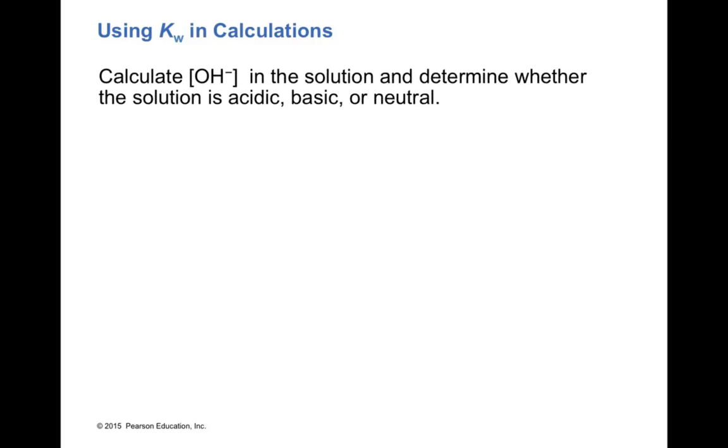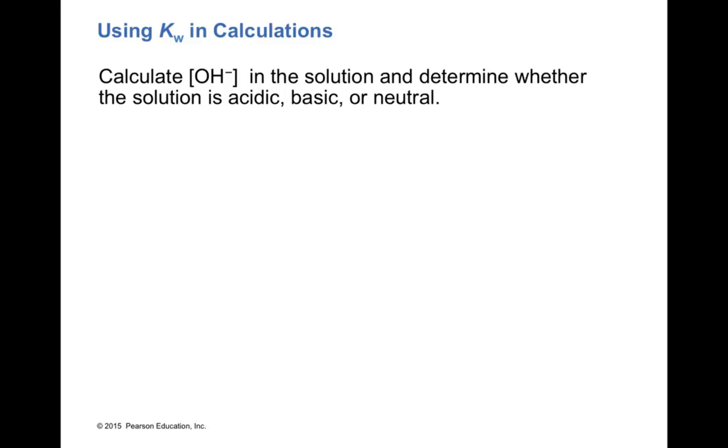So let's do some examples by using the Kw in calculation. The question is, calculate the concentration of OH in the solution and determine whether the solution is acidic, basic, or neutral. If we need to calculate the concentration of hydroxide ion, we must know the concentration of what? Of hydronium, because remember that Kw is equal to the concentration of OH, hydroxide, times the concentration of hydronium.